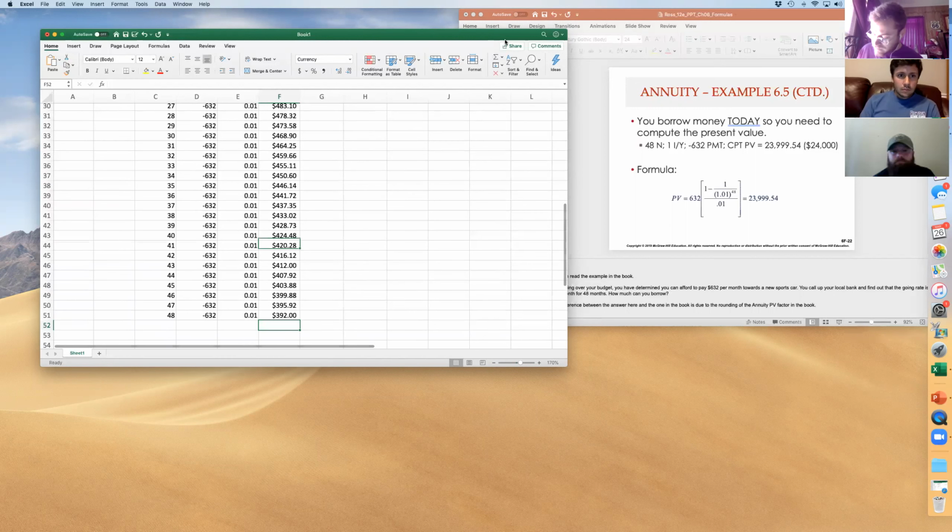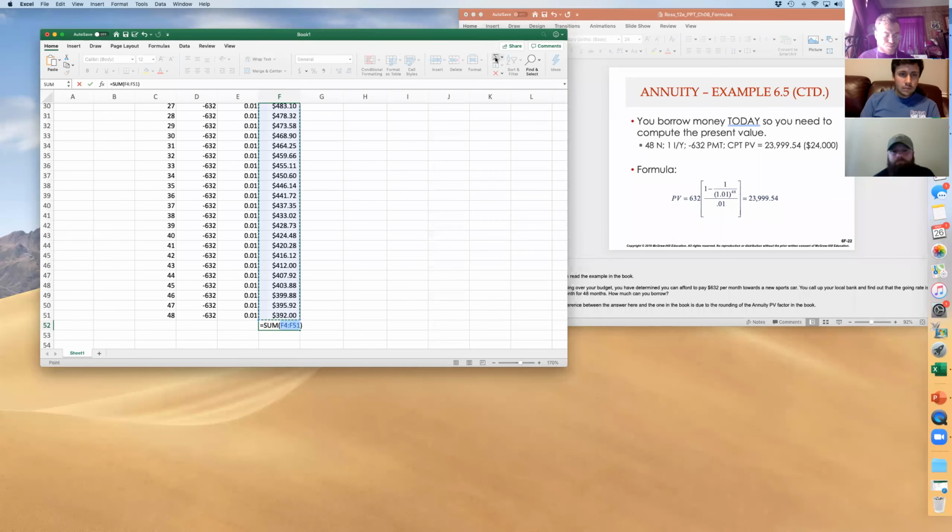When you sum all these present values up, they're giving you out almost $24,000 today in return for getting $632 a month. So there's this trade-off going on. This finance company pays out a lump sum, present value, and you pay them $632 per month for 48 months, right? And so we got the same answer either way.